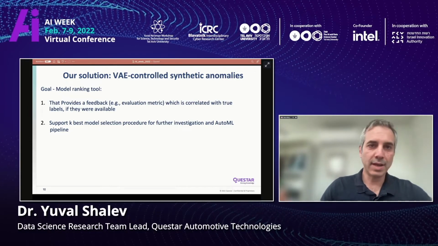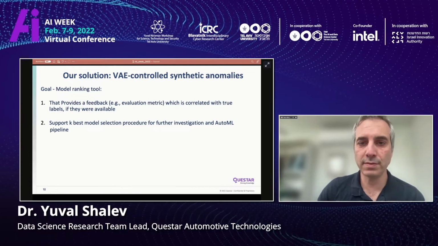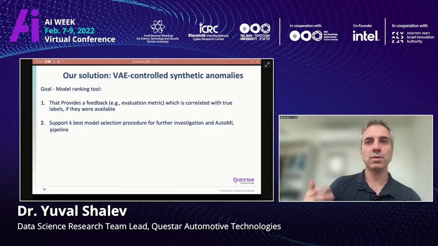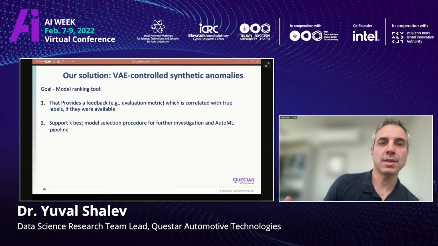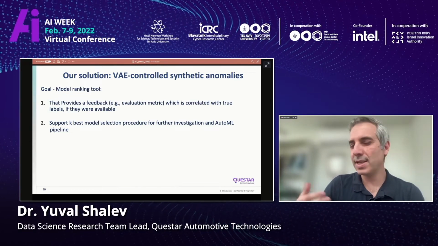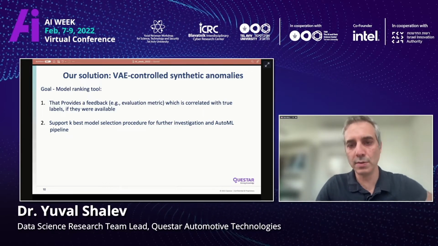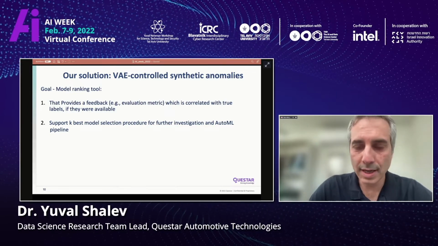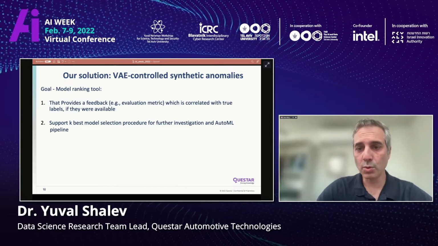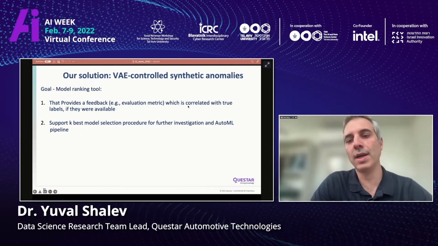So we don't have labels, we don't have true positive anomalies, but we want to generate synthetic anomalies in a way that will provide us some hint of how the models will perform on real anomalies. So we want to have some correlation method.